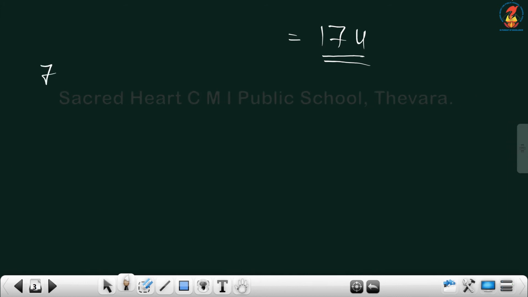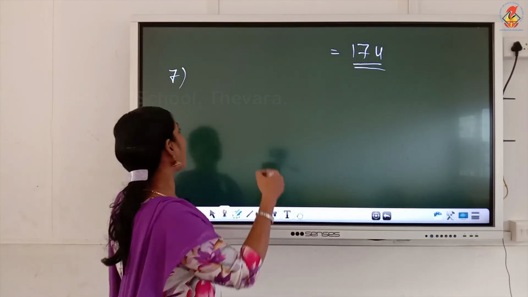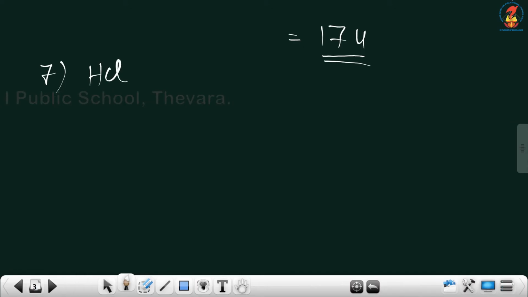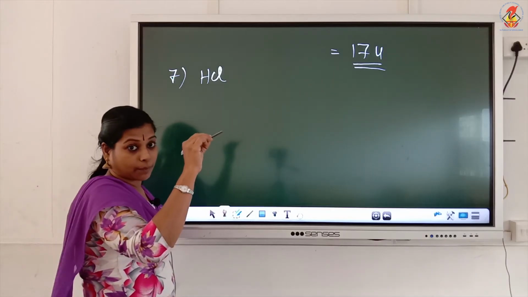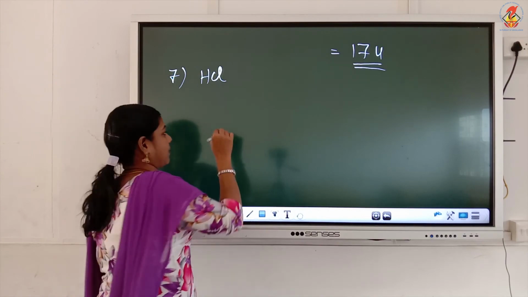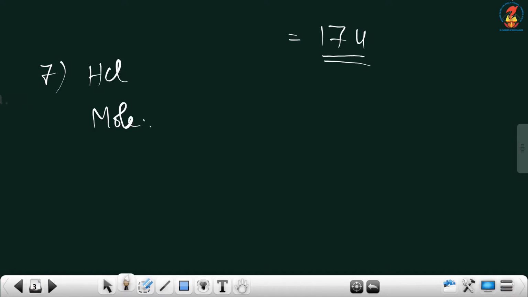Then example 7, what will be the molecular mass of hydrogen chloride or hydrochloric acid? Sorry, instead of atomic mass, there you have to write molecular mass. So this is a molecule of a compound.